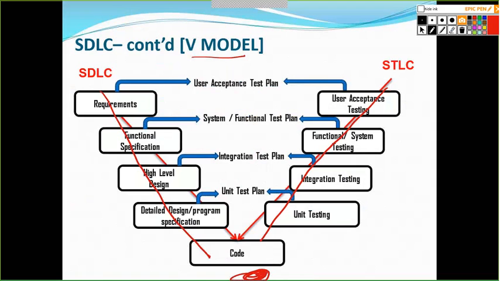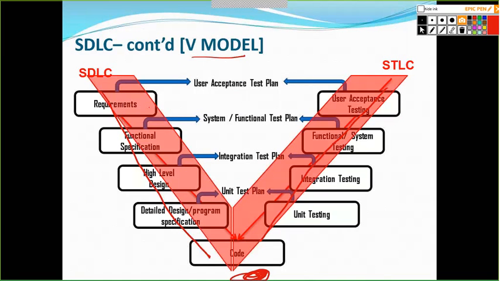But in the V model, the software testing life cycle changed based on the development life cycle, where we introduce testing at different levels. Since it's a V form, we call this a V model.